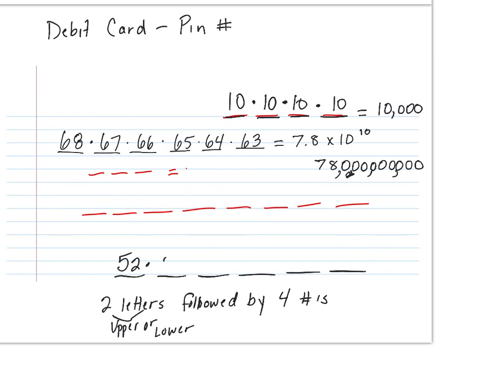Jacob? 51. Followed by 4 numbers. How many numbers do we have to choose from? 10. Let's say it can't be repeated. So how many numbers would we have to choose from for the next one, Camden? 9. And then the next one? 8. And then the last one? 7. How many different passwords could you put on your computer?